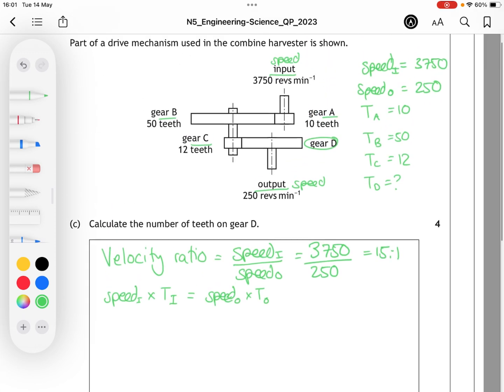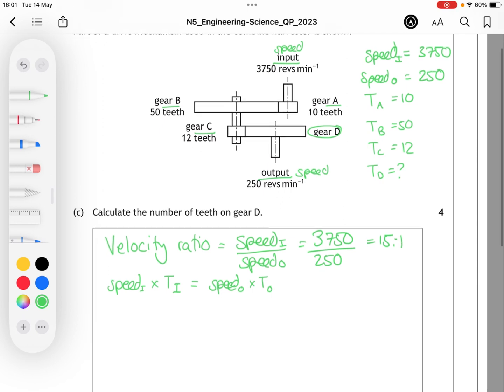And because this is a compound gear train, we can also say that the velocity ratio is equal to the size of gear B divided by the size of gear A, times the size of gear D divided by the size of gear C. And that comes from that second equation.